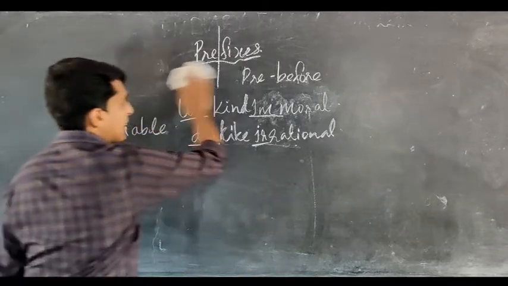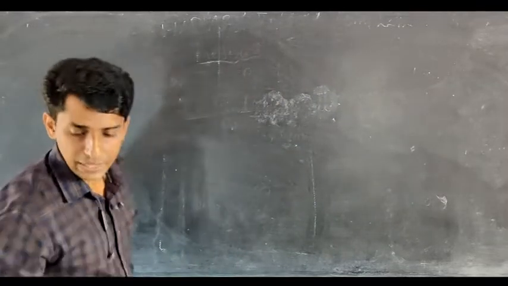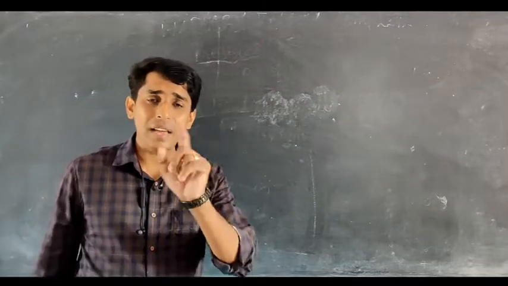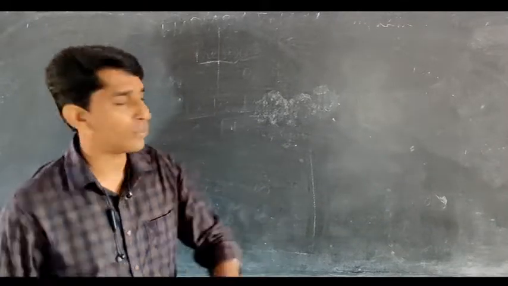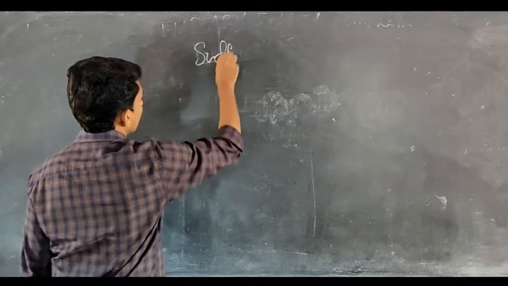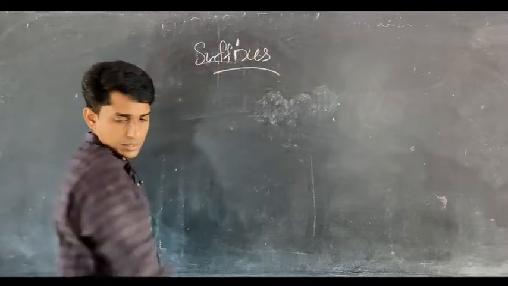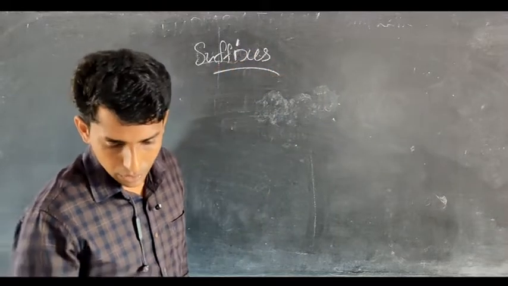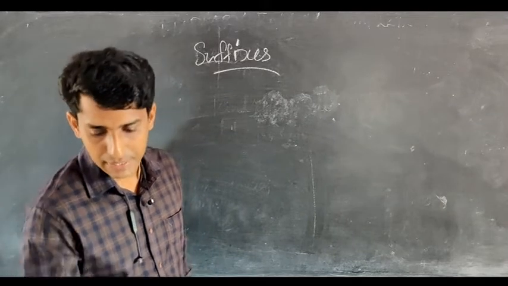Now, if there is something that can be added before a word, there also should be something that can be added at the end of the word. They are called suffixes. Okay, we have prefix first, then we have suffix second.